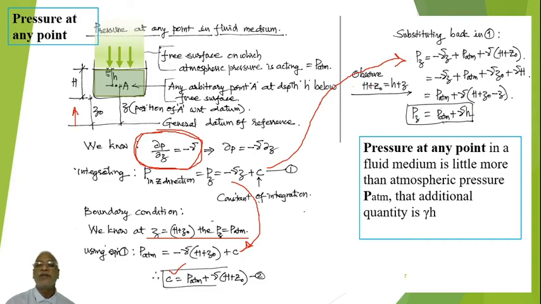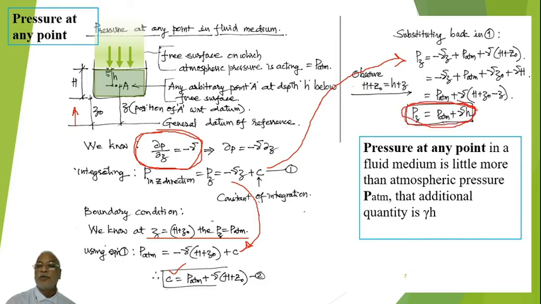we will be using H plus Z naught equal to h plus Z, because you know that H plus Z naught is equal to h plus Z. So Pz becomes the sum of P atmospheric plus gamma into h. This is a very important formula, an expression that one should remember.